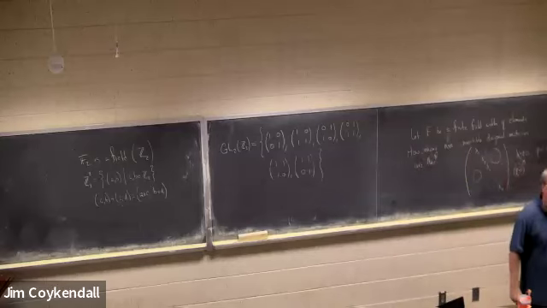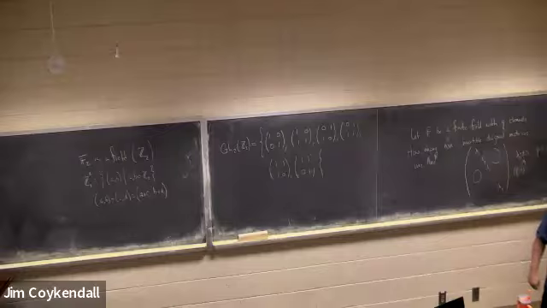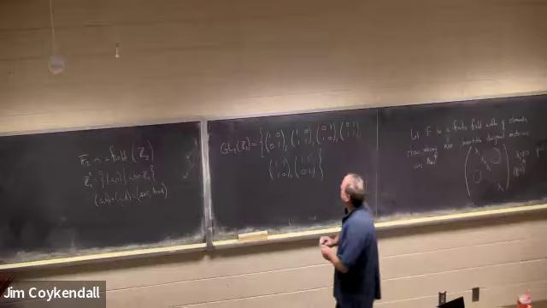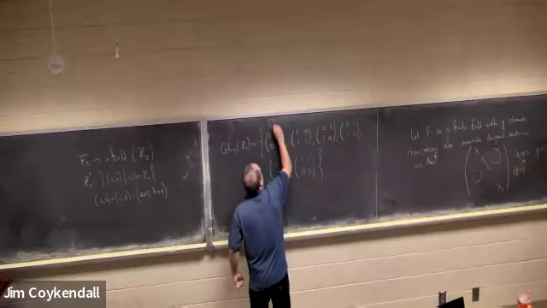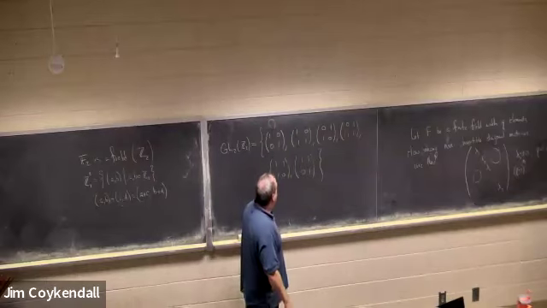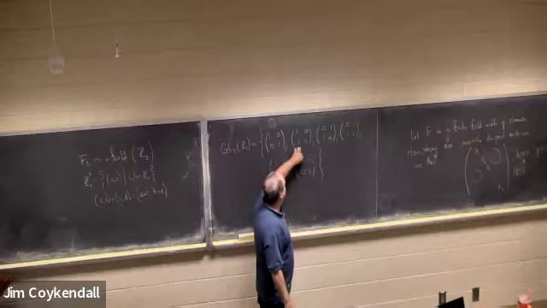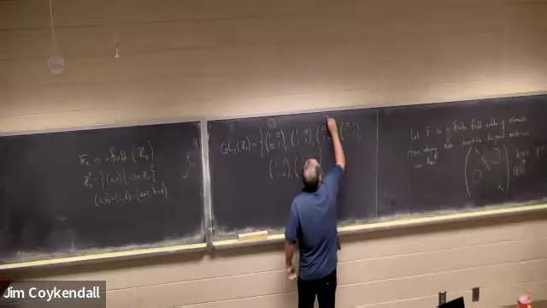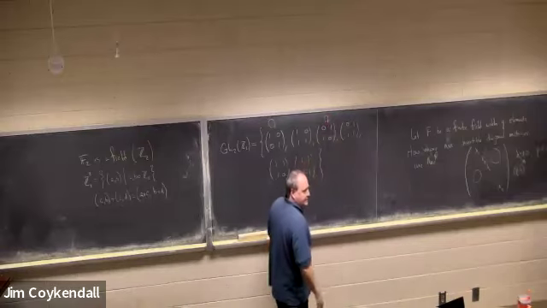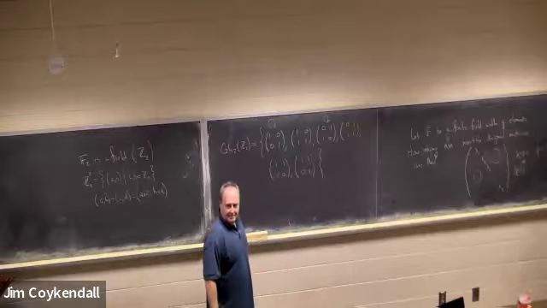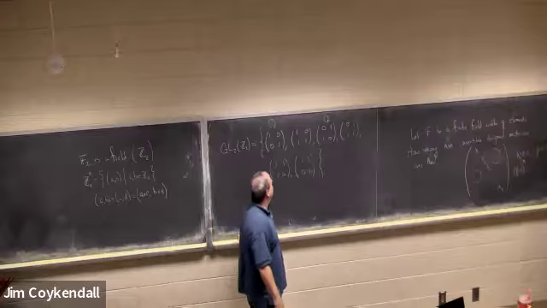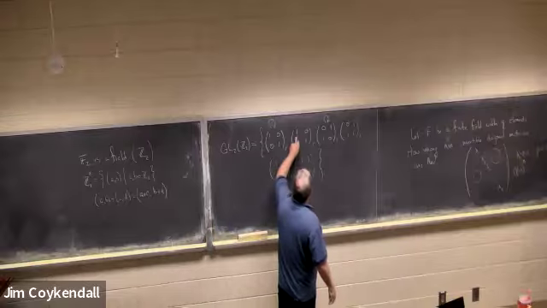This is a group, because these matrices are all invertible, right? So I know what the inverse of this is. What's the inverse of this one? Itself. What about this one?